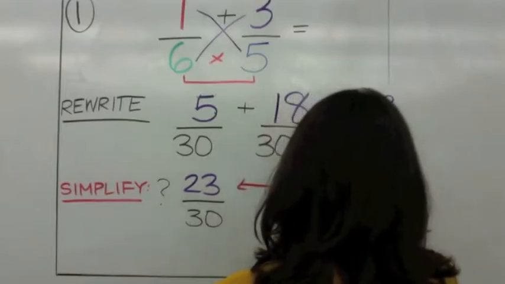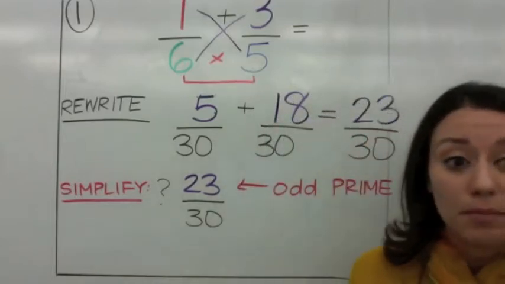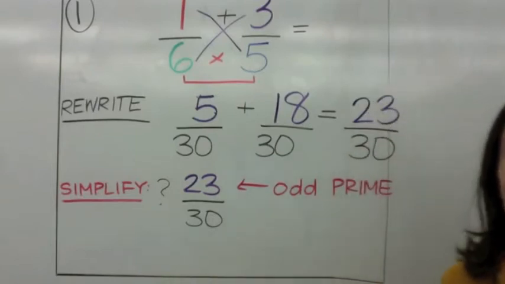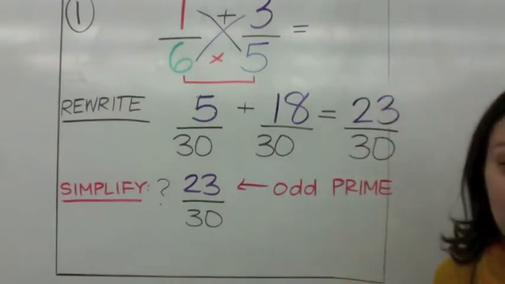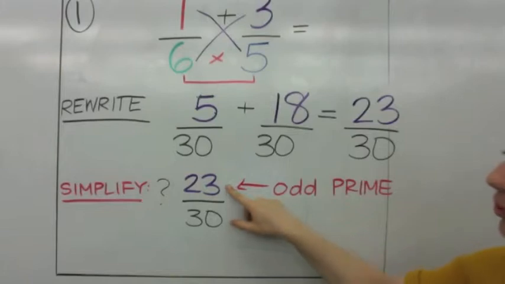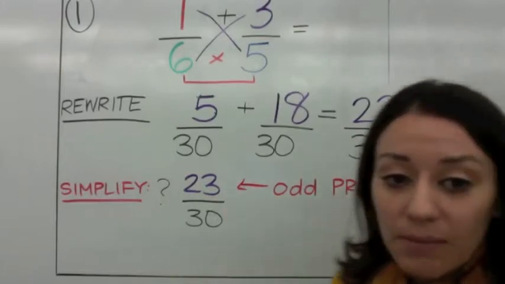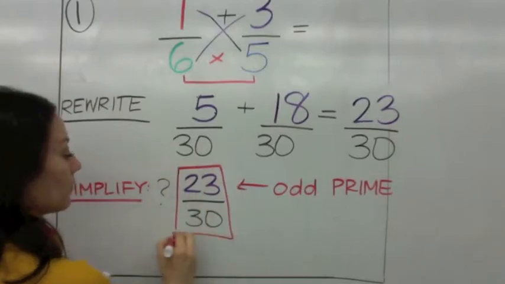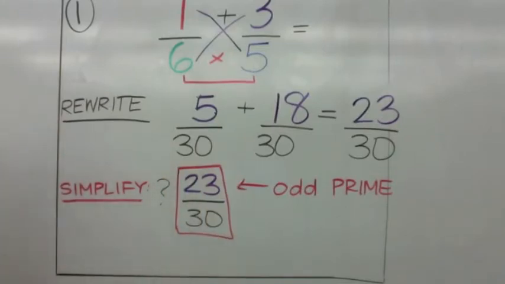A prime number, you cannot divide any number by it. You can't divide it by 2, you can't divide it by 3. The only thing you can divide by is 1 or itself. So because you have an odd number at the top that is also prime, and then you have an even number at the bottom, it is already in simplest form. All right? Go ahead and get that down.